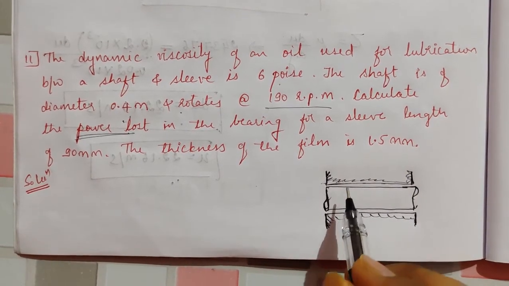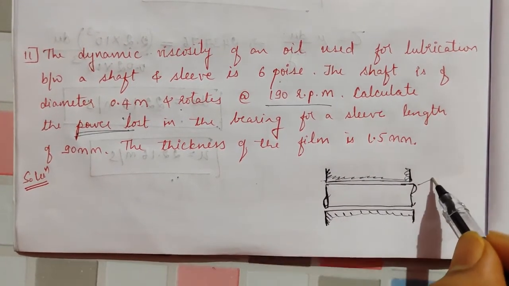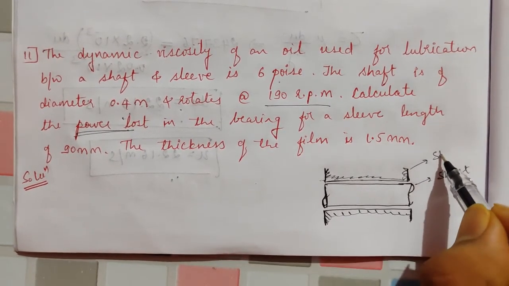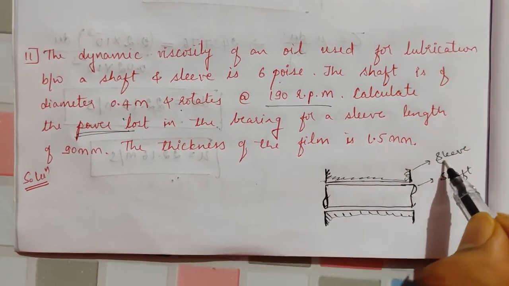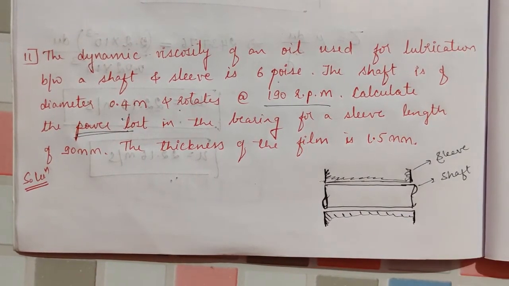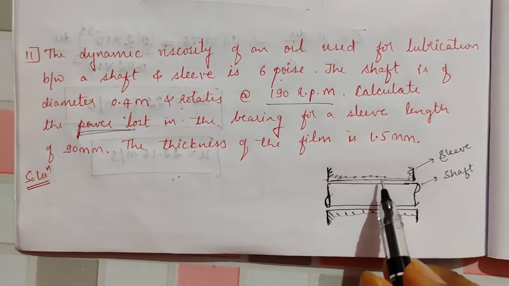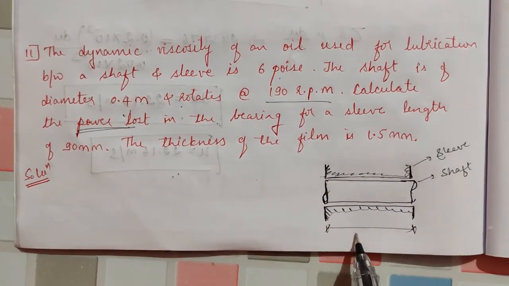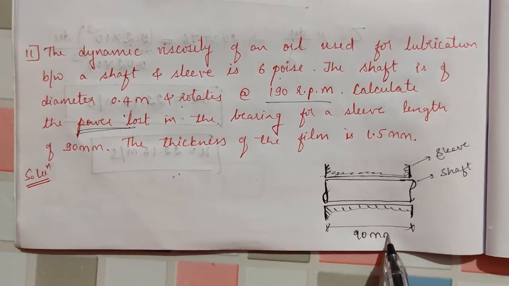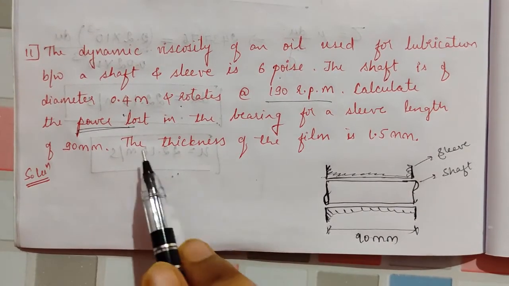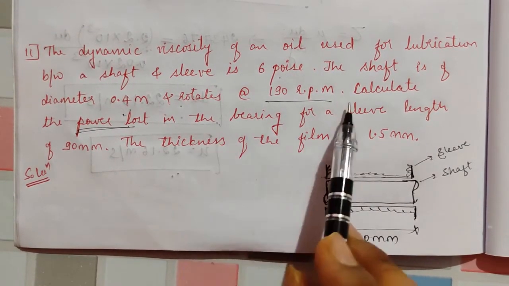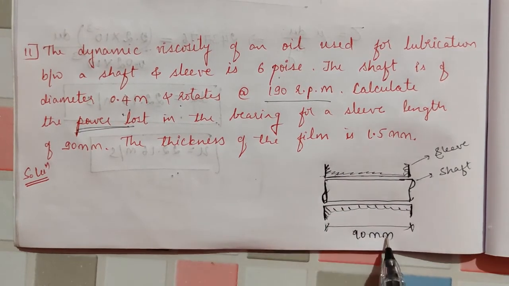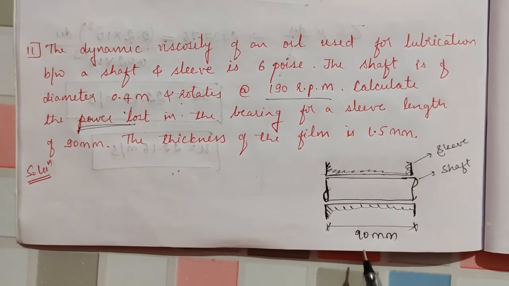So this is the shaft and this is the sleeve. It is a cut image. This is the shaft, a pipe-like structure, and upon that is the sleeve. This sleeve is 90 mm. For a sleeve length of 90 mm we need to calculate the power lost.